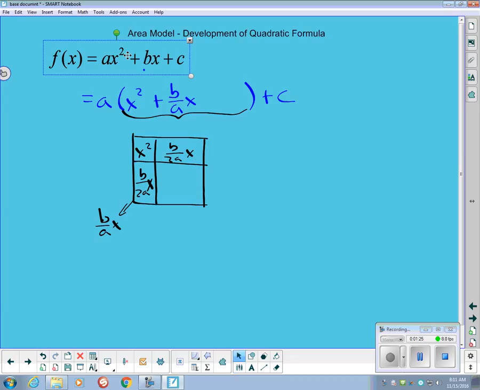So filling in dimensions on the box or on the square means that's an x and that's an x, and this must be a plus b over 2a, and this is a plus b over 2a, and that forces this part in here to be b squared over 4a squared.